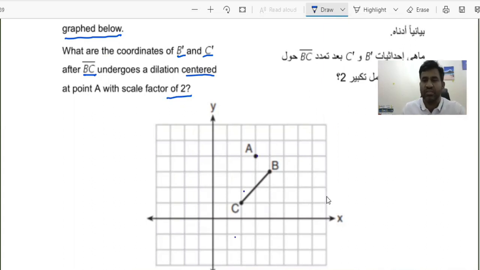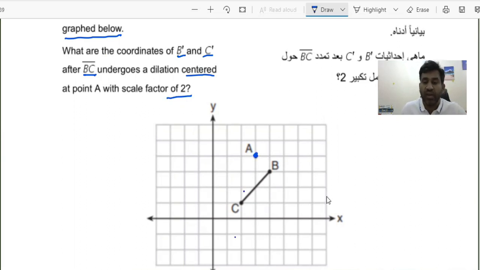So how do I quickly solve it? They are saying the line segment BC undergoes a dilation at point A with the scale factor of 2. What does it mean, the dilation at point A? They are talking with reference to the point A with a scale factor of 2.